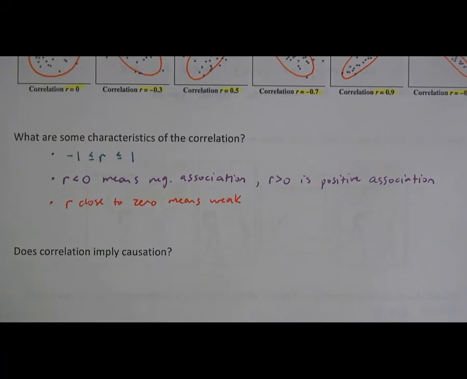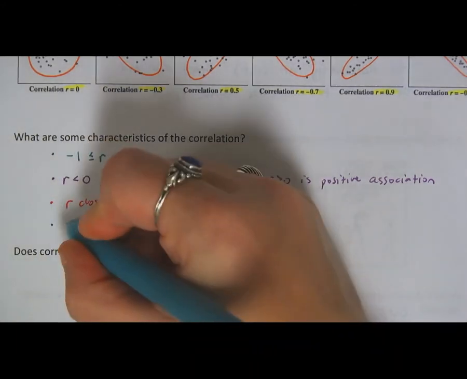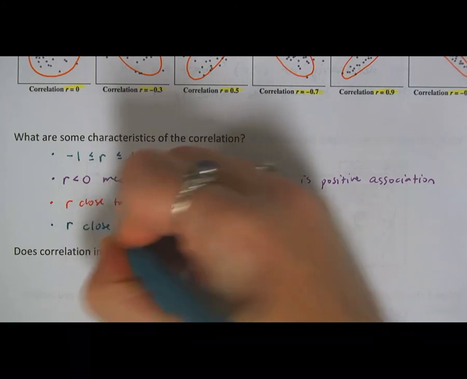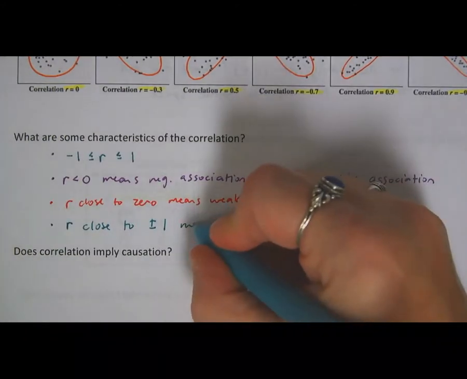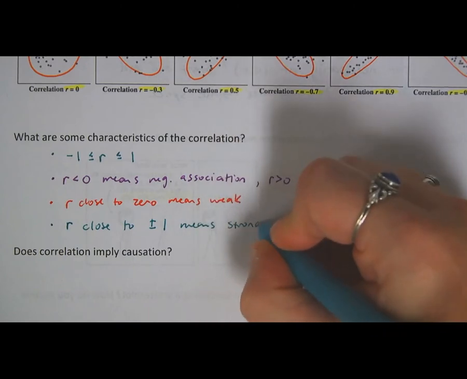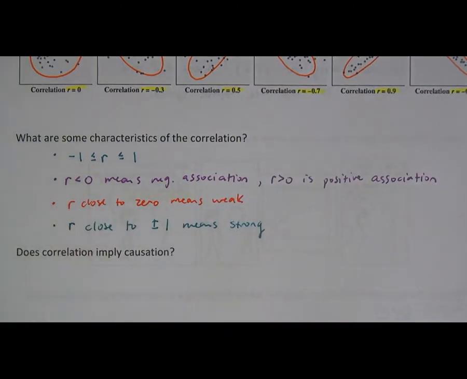The closer R gets to -1, then it's getting stronger in the negative direction, and the closer R gets to +1, it's getting really strong in the positive direction. So let's just sum that up by saying R close to positive or -1 means strong. So R addresses direction and strength, but it doesn't necessarily mean that you are dealing with a linear association.